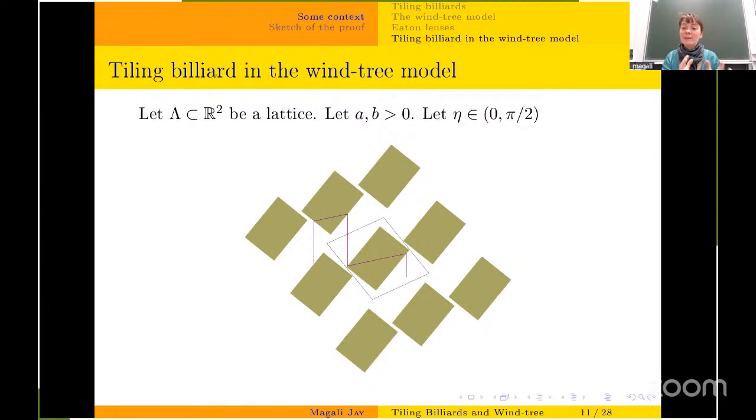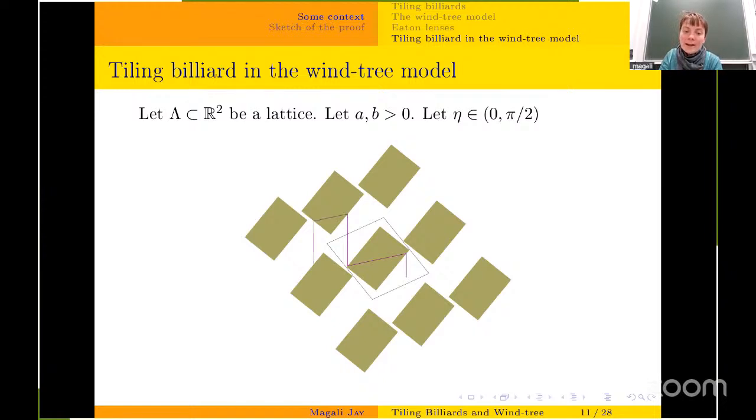So we have this part of the behavior which reminds us of the Eaton lenses, but we also have this first behavior where the trajectory crosses the obstacle and is so translated.